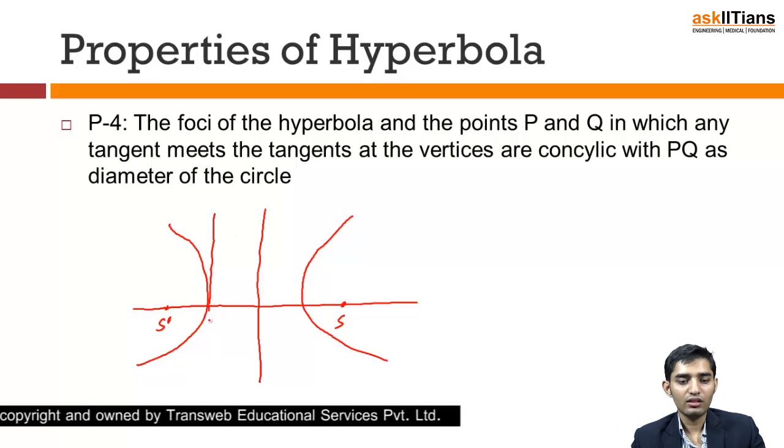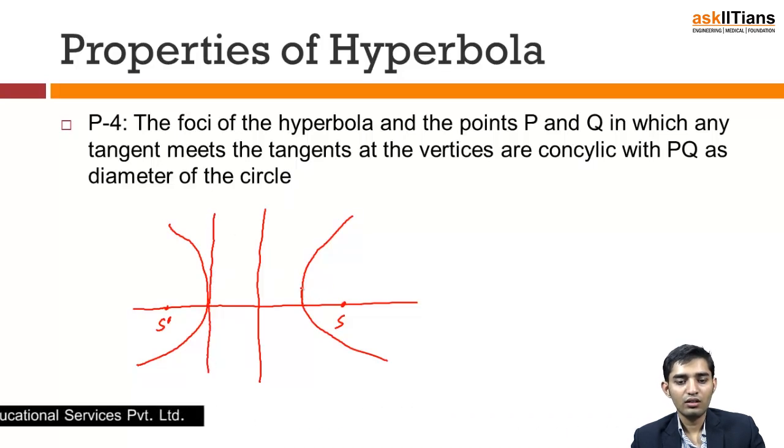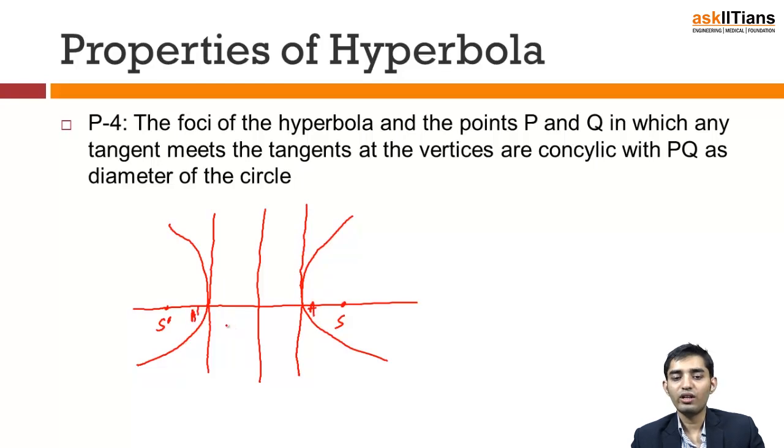So these are the tangents at both vertices, A and A dash. This point is A, this point is A dash. So I am drawing tangents at both vertices. This is x equal to a, this is x equal to minus a, right. So any tangent meets the tangent at the vertex.